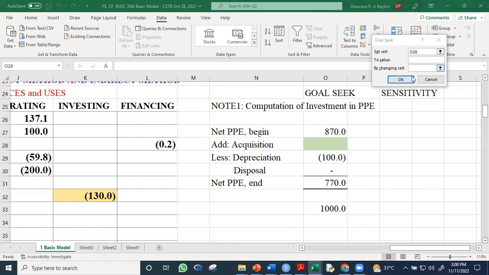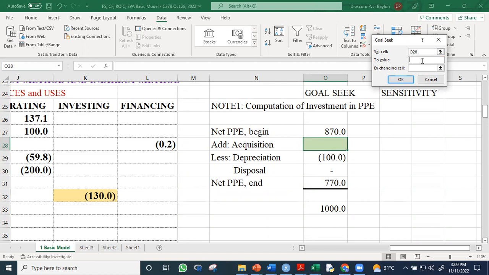Anyone? What do we want to set, class? What value do we know? You can easily answer that. Our model is small, right? Acquisition? But to what value? Can we answer that? If we set acquisition to what value? We should know this value.